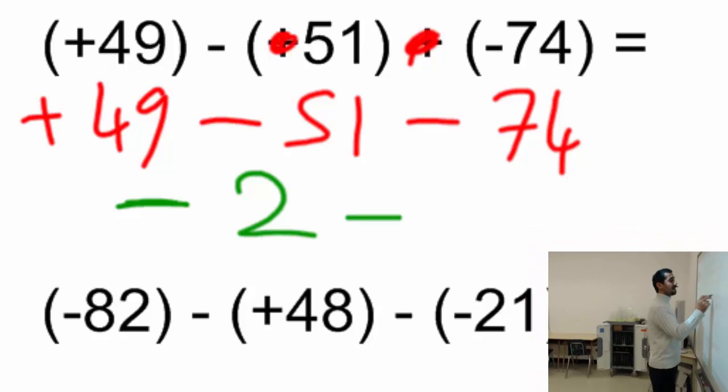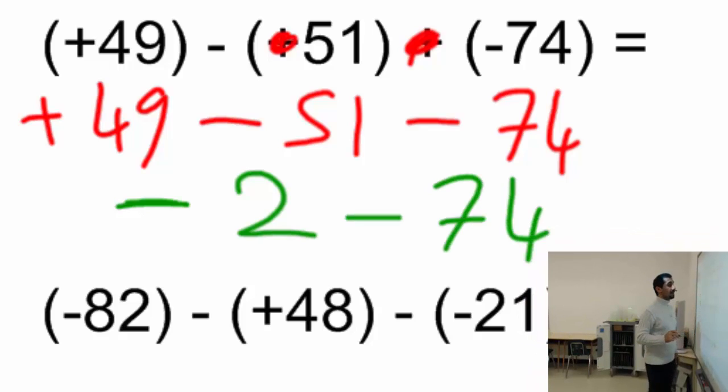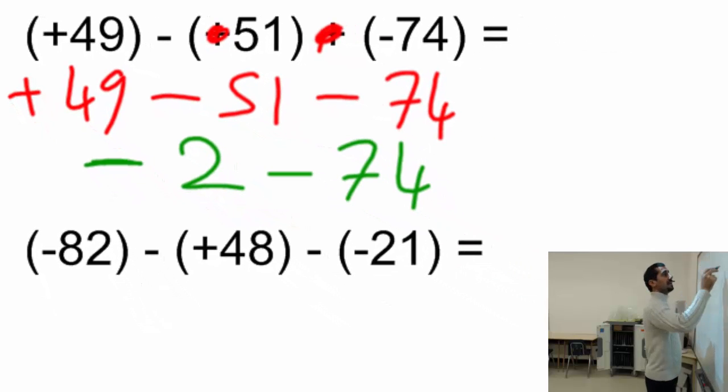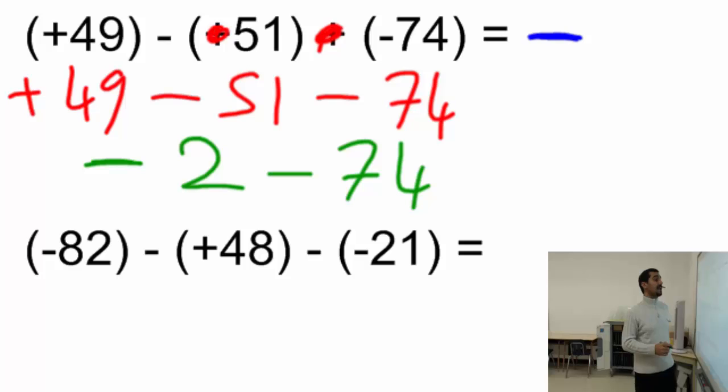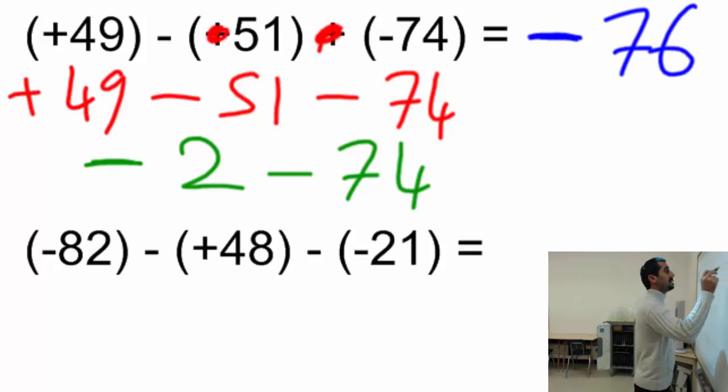I didn't do anything about that, so which one is big? 74 is big, so I'm going to have the negative sign at the end. Let's change the color. Negative sign at the end, and then signs are exactly the same. I'm going to go up, add them together, 76.